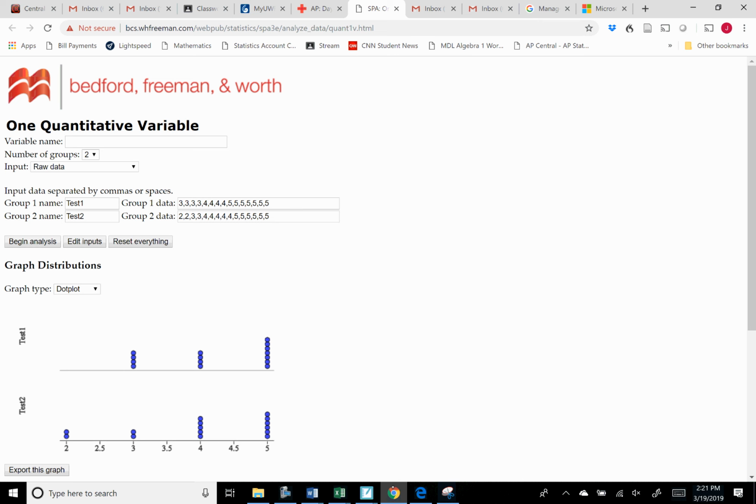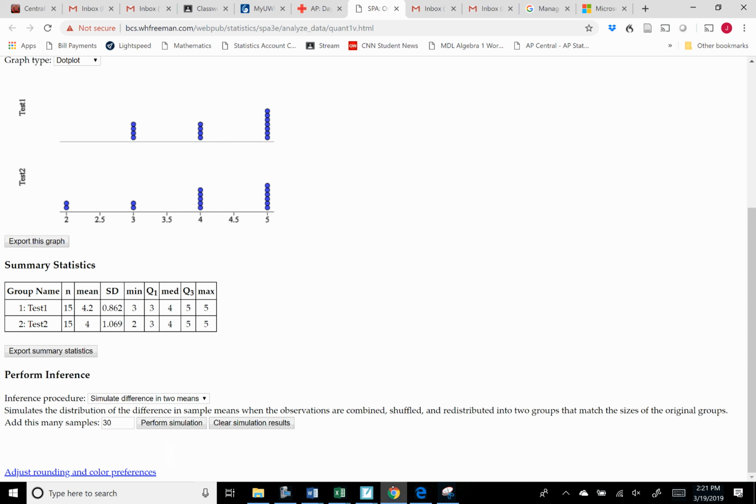It shows a bunch of test scores for group 1, a bunch of 3s, 4s, and 5s, and for group 2, it shows 2s, 3s, 4s, and 5s. And then down below, it's a nice little tool here.